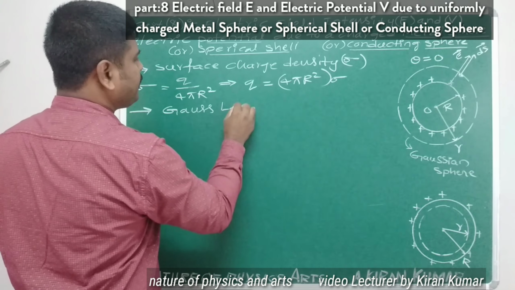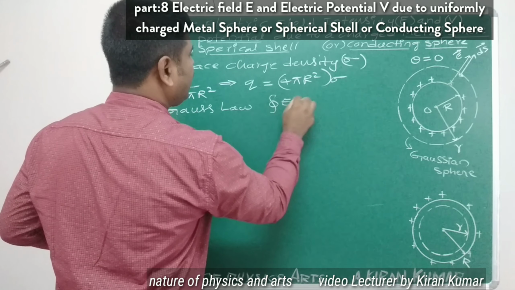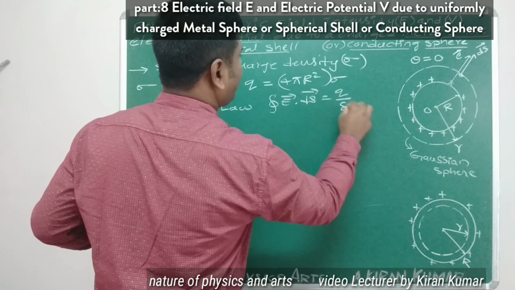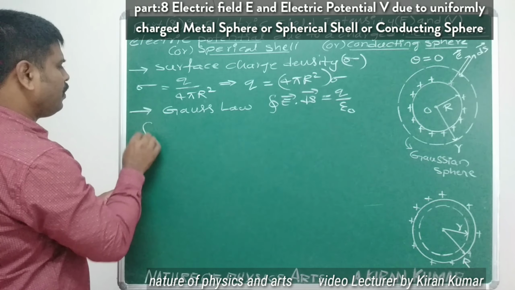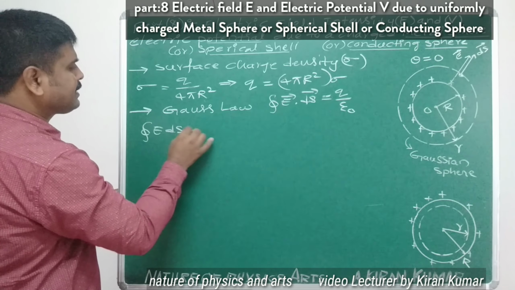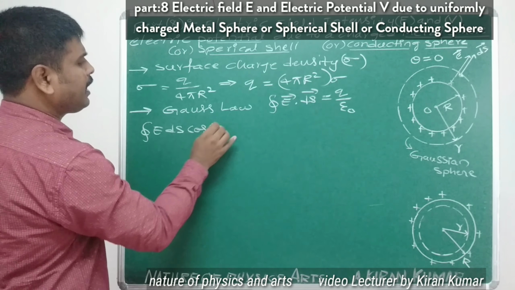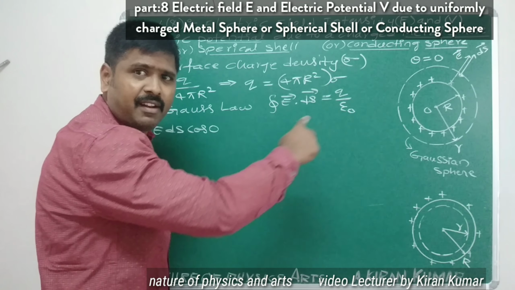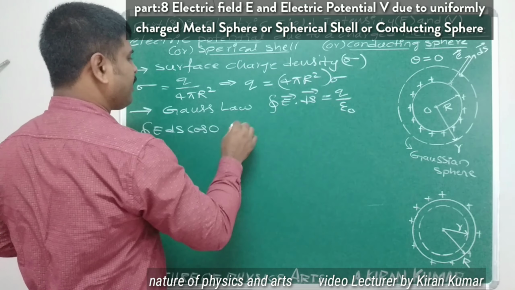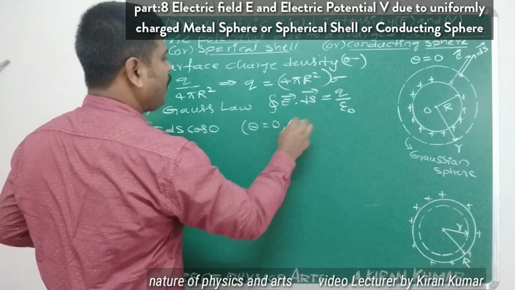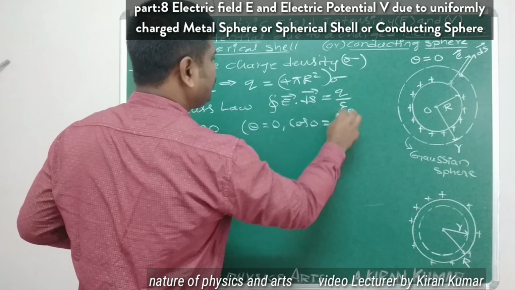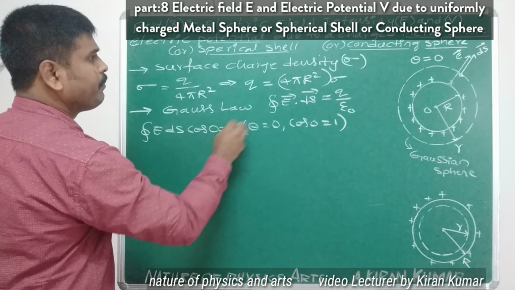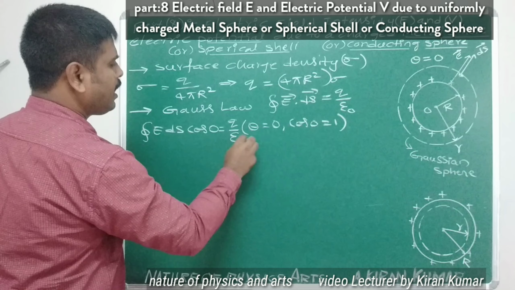Next is Gauss law. According to the Gauss law, closed integral E bar dot ds bar is equal to Q by epsilon naught. So closed integral E ds cos theta, but theta is equal to 0 here because E bar and ds bar are along the same direction, and cos 0 is equal to 1. So E into integral ds is equal to Q divided by epsilon naught.